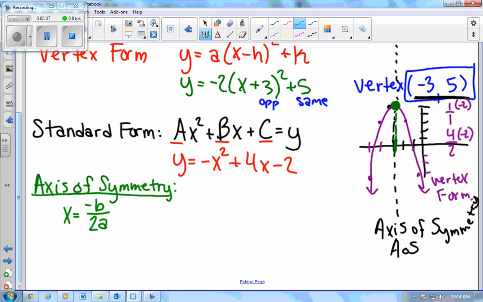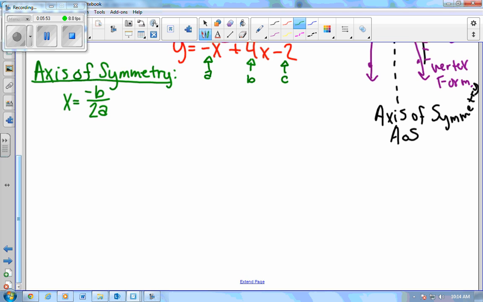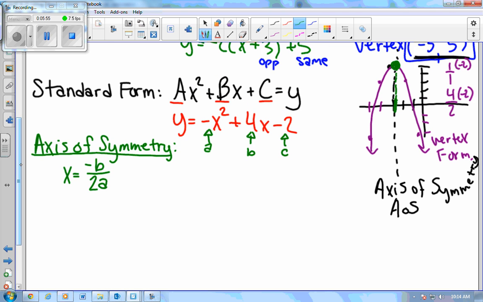The b and the a come from the equation. This coefficient is your a, this coefficient is your b, this constant is your c. So for our example in standard form, what's the b value? Currently it is positive 4.